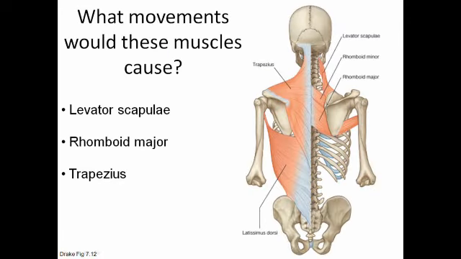I'd like you to pause the video now and have a go at applying this idea to these three muscles. Levator scapula, which is located here, rhomboid major, which is located here, and trapezius, which is located here.